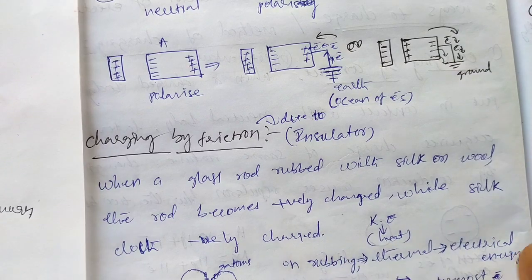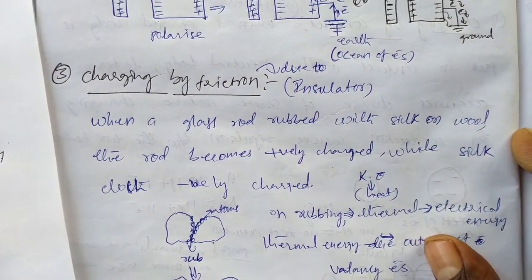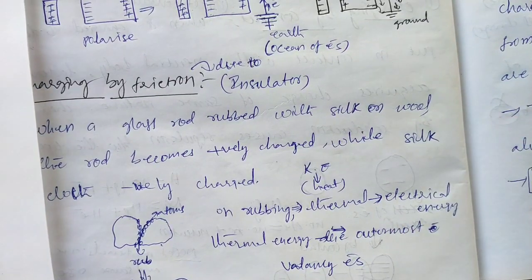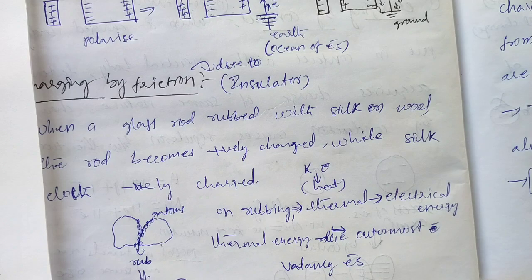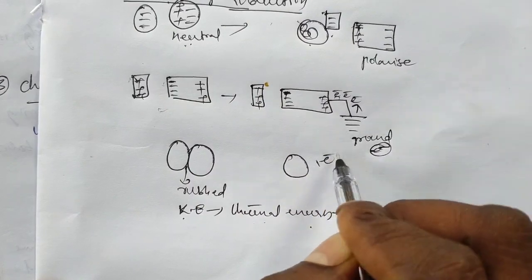This occurs when thermal energy is converted into electrical energy. In the case of atoms and molecules, consider the outermost electrons: for hydrogen, only one single electron.